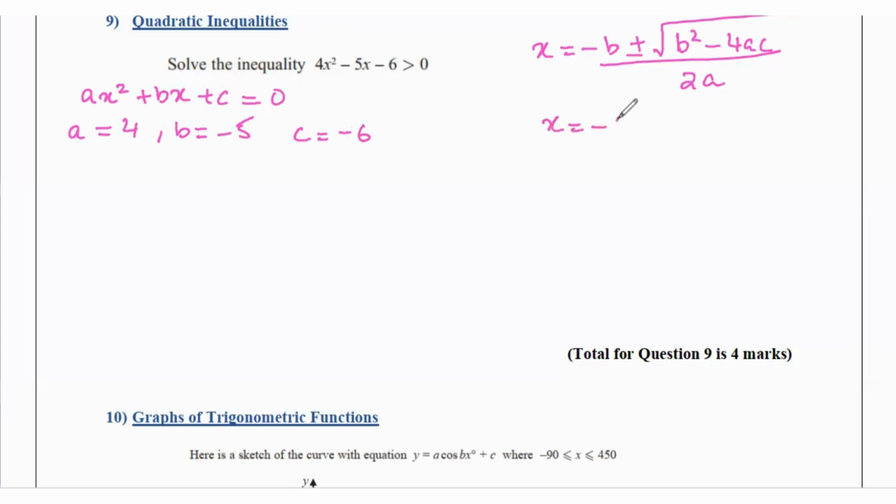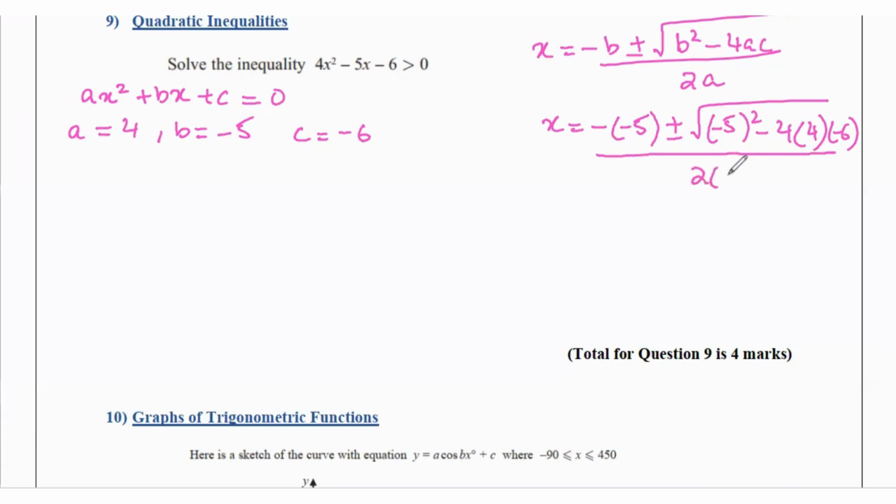So that's minus negative 5 plus or minus the square root of negative 5 squared minus 4 times 4 times negative 6, divided by 2 times 4. So that's 5 plus or minus. If we solve the root, that's 4 times 4 times 6, 96, plus 25.